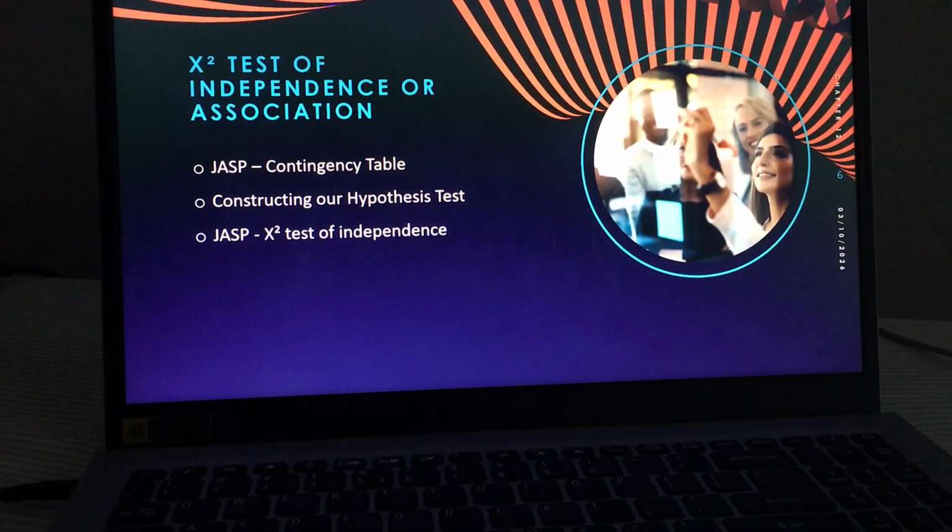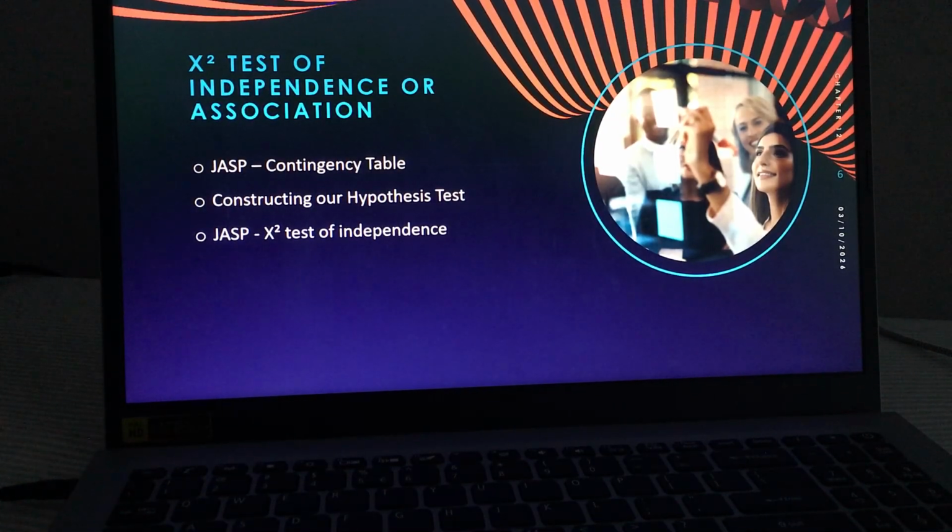So if P_ij denotes the probability of a member of species J giving response I, then this would be our null hypothesis, top of page 13. So it's a big one. Our null hypothesis would be that all of the following are true.